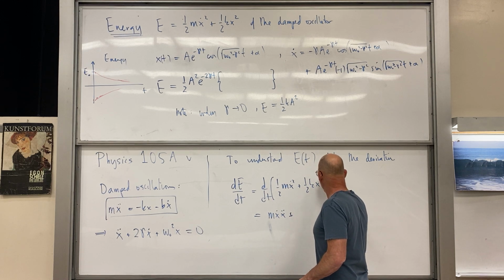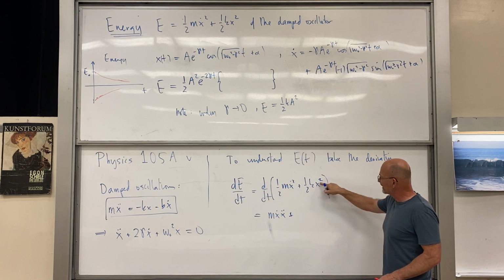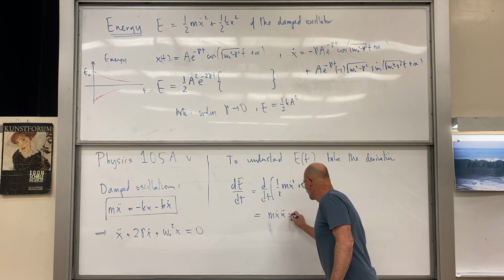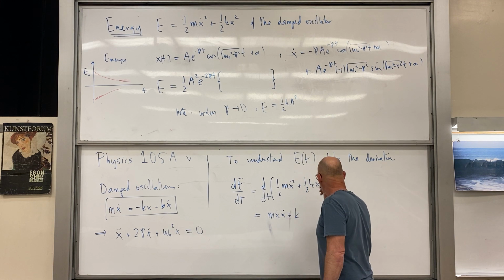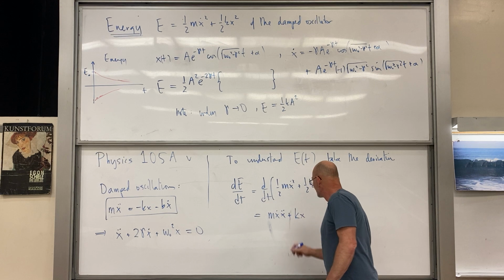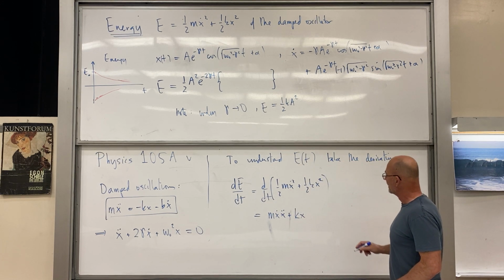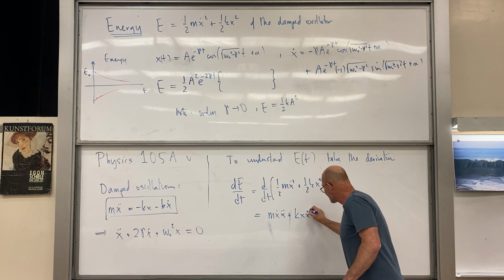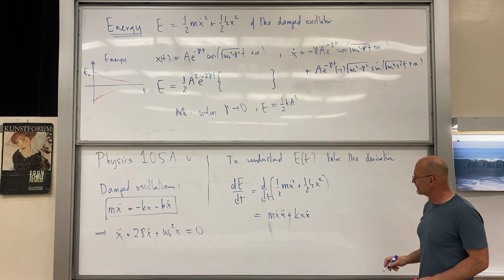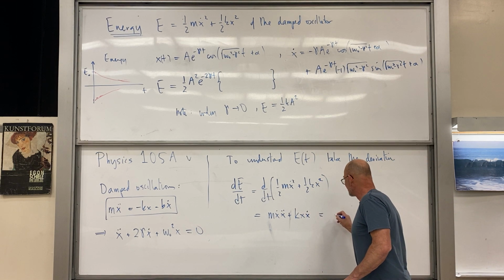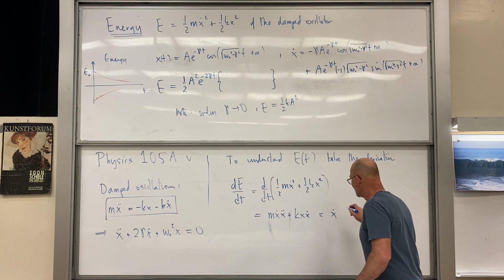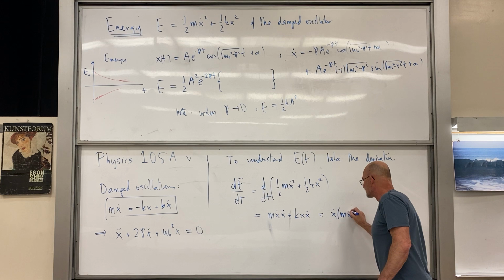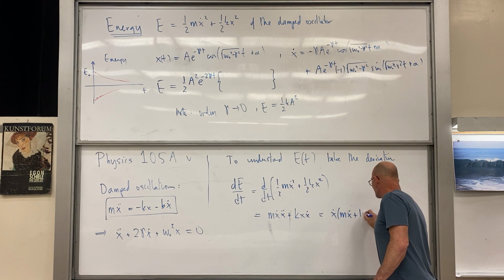And here the 2 cancels as well, so we end up with plus kx, and since we're doing the chain rule here as well, 2x x dot. So we can factor out an x dot, and we have m x double dot plus kx.